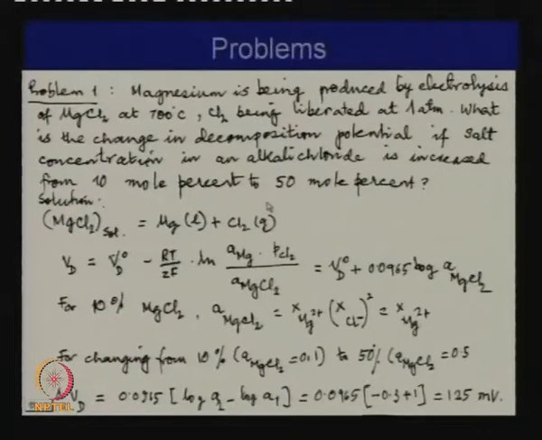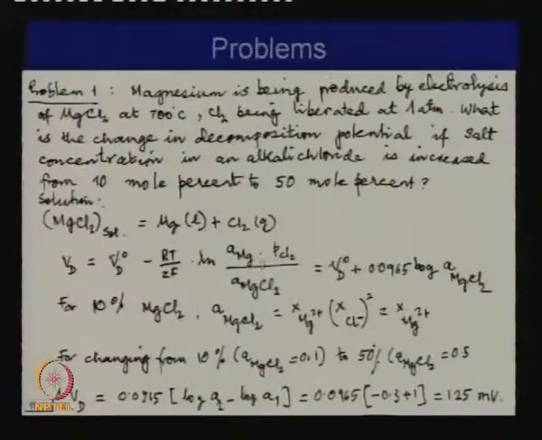Because then in a given cell we are fixed. How do we increase the productivity? For that, a couple of methods are available. We can rearrange the electrodes in various manners, or you can use a fluidized bed cathode, where the effective surface area of the cathode becomes much larger. I have shown a figure of that.